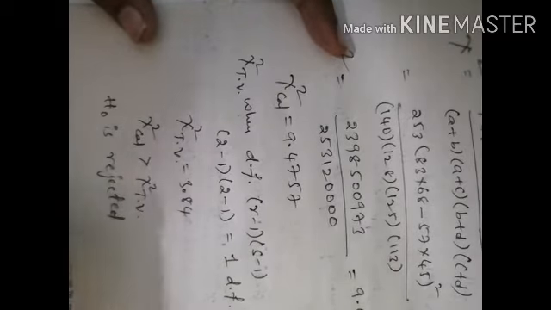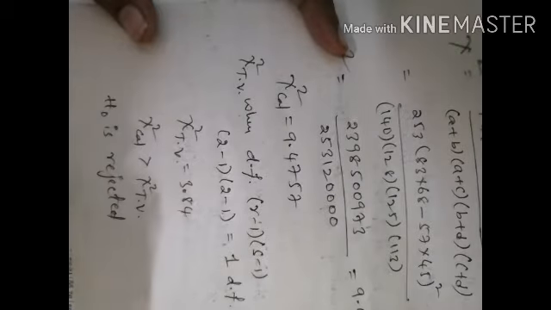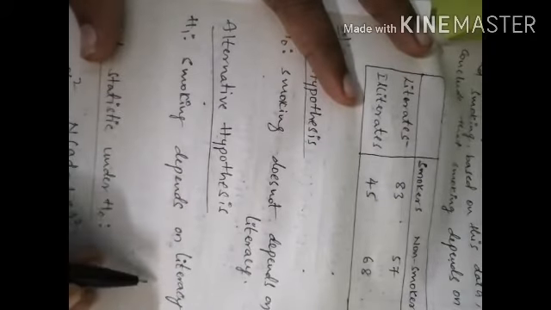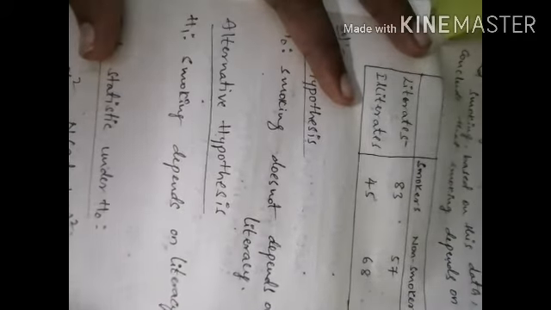So what is the inference? H0 is rejected means H1 is accepted. What is the H1 statement? The smoking depends on literacy. The smoking depends on literacy. We need to write the conclusion.